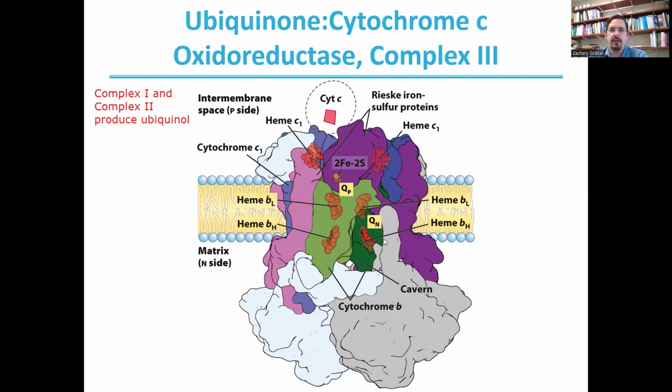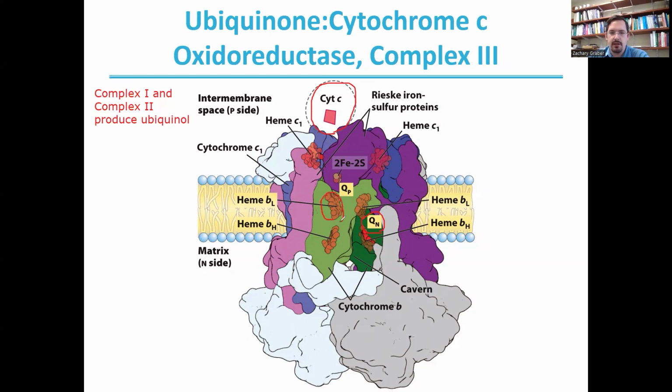So this is also called the ubiquinone to cytochrome C oxidoreductase. You can notice the similarity in naming for our complex 1, where it's an oxidoreductase because it's transferring electrons from ultimately our ubiquinone, coenzyme Q, to cytochrome C. And you can see in the figure here we have multiple different protein subunits.